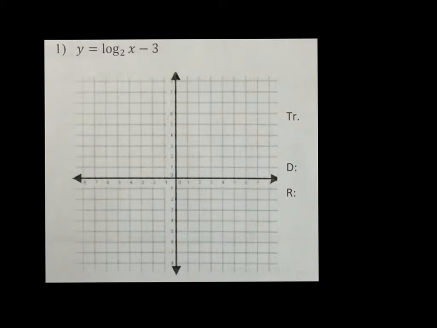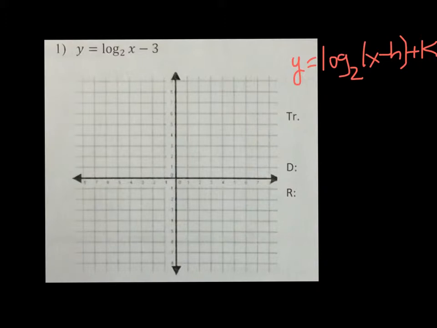Just like in all of the other graphs that we've done, we have an h and a k. If we look at this from a logarithm function standpoint, we would have the log base 2 of x minus h plus k. The plus k would be my up and down translation, and the minus h would be my horizontal translation.